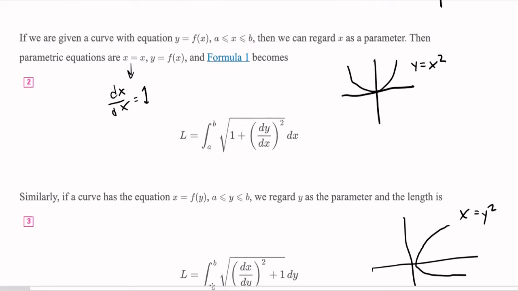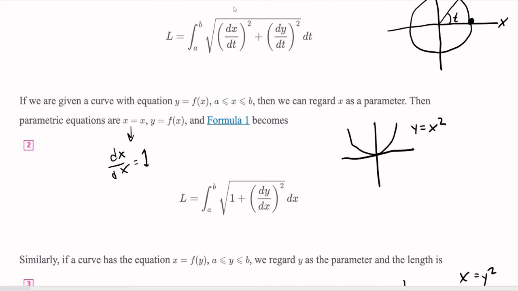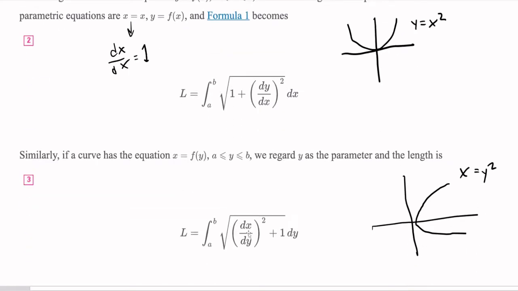Well, go back up to the formula. This would be dx dy. Yep, okay. This would be dy dy. Oh, that's just 1. And there you go. So the formula is the same, but it simplifies down in these special cases where we can go, oh, x is a function of y, or we can go, oh, y is a function of x. So these can simplify down a little bit. It seems like there's 3 formulas, but really there's only 1.